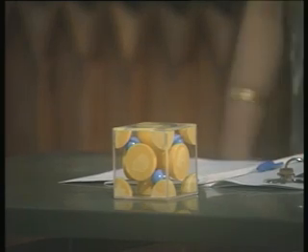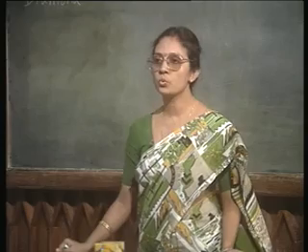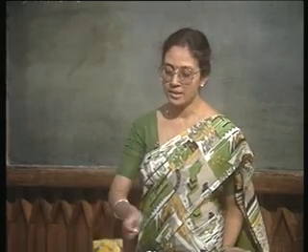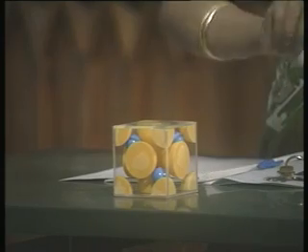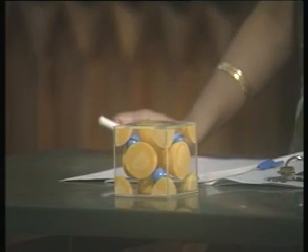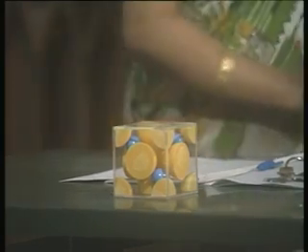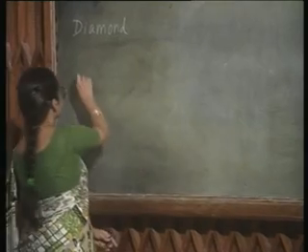So, the distance between two nearest neighbors can be calculated by simply calculating the distance of this 1/4, 1/4, 1/4 atom from the origin. And what is that distance?